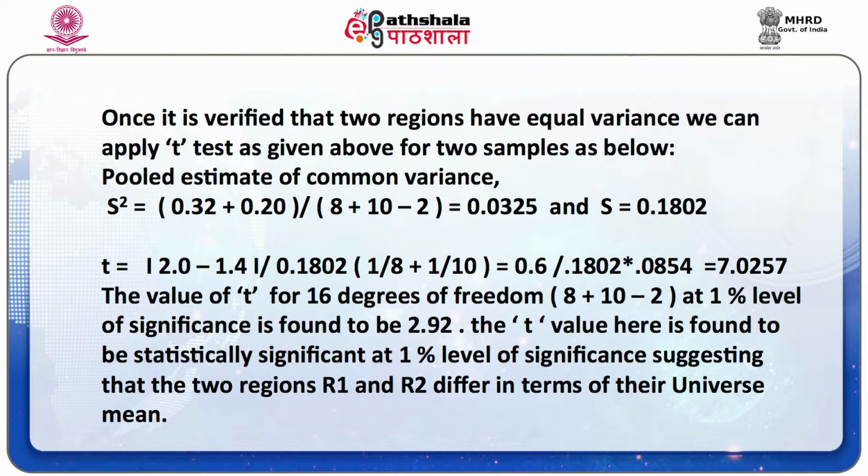Now, once the equality of the variances of the two universes has been established, we can go for the t-test. In the t-test, the null hypothesis would be that the average yield of wheat per acre in the two regions is equal, against the alternative hypothesis that the average yield of wheat per acre in the two regions is not equal.